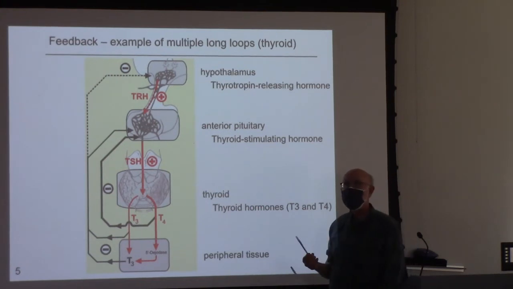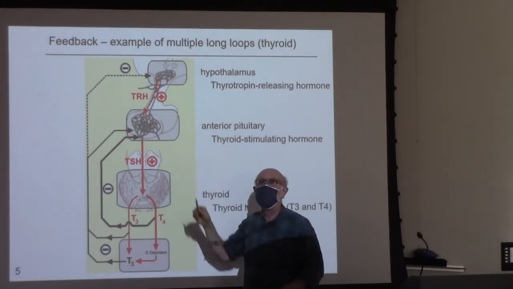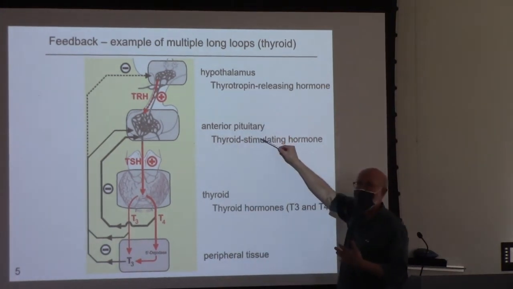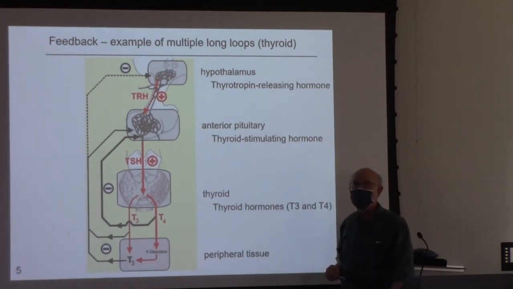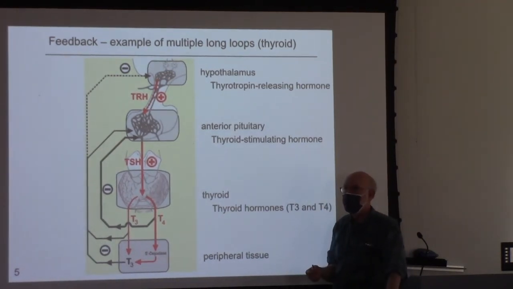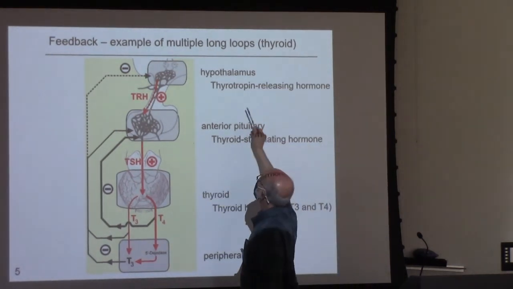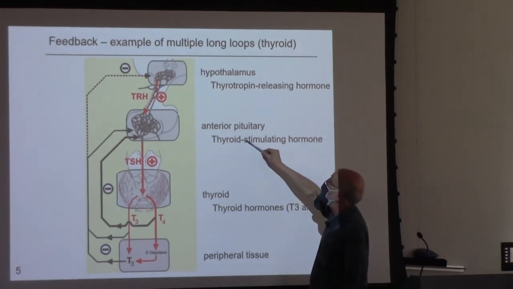What makes them special and what makes them different from the other cells of the anterior pituitary? They express receptors for TRH, and they express the mechanisms for secreting TSH. That's what makes them different from the other cells of the anterior pituitary. Those cells respond to TRH and synthesize TSH and release it.